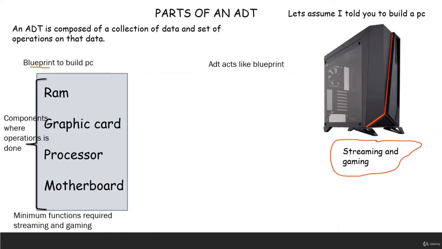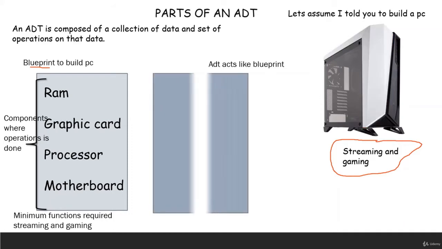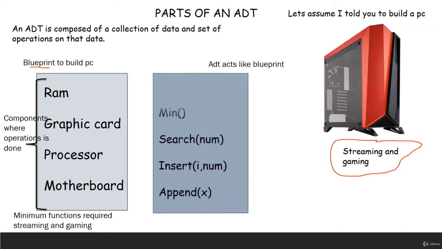Likewise, ADT also acts like a blueprint where certain kinds of functions are performed. Like in ADT, I firstly told you to let's have some code in which maximum, minimum, search, insert, append, these functions are performed.